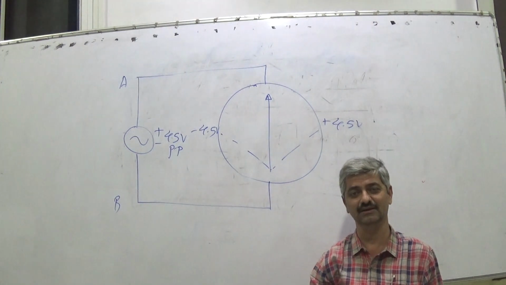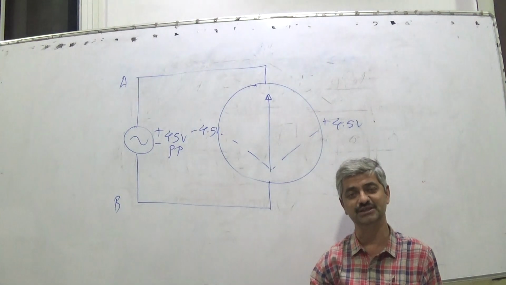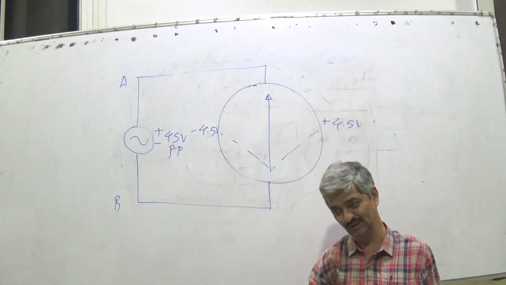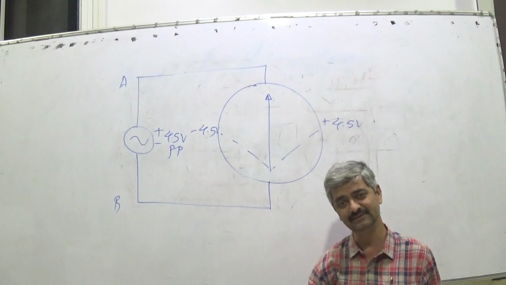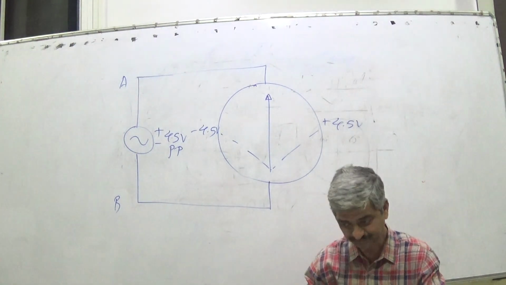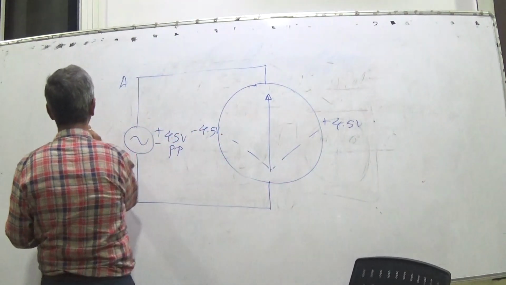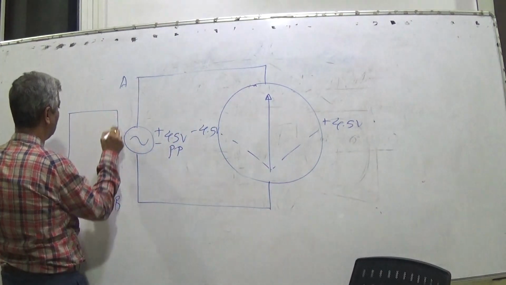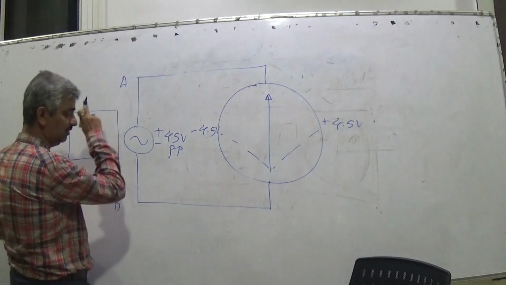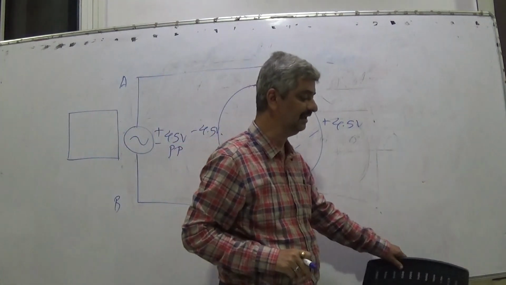I don't know whether you have done some experiment on using CRO, maybe in 11th, 12th also, or maybe in first year. So if you connect this input to CRO, and CRO can be in XY mode.